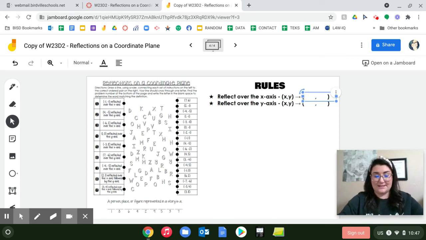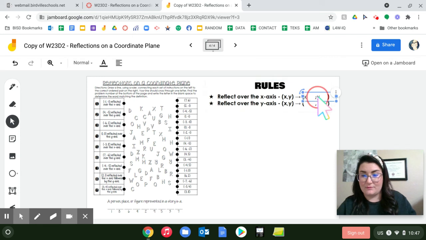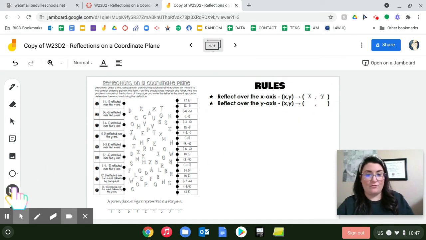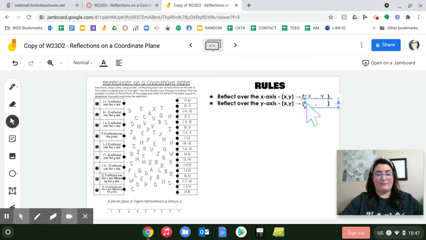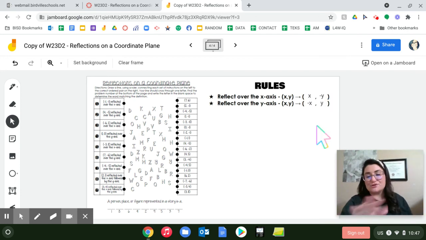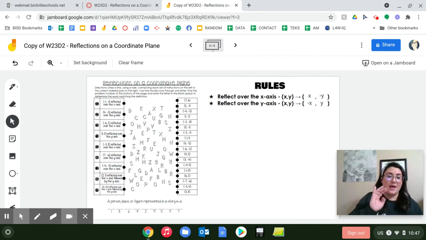We're going over x-axis, so x stays the same and y becomes negative. Let me kind of move that to the center. Okay, another rule would be when we flip over y-axis, our x changes values and our y stays the same.